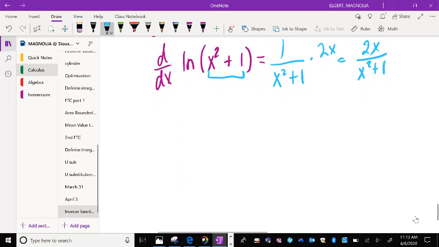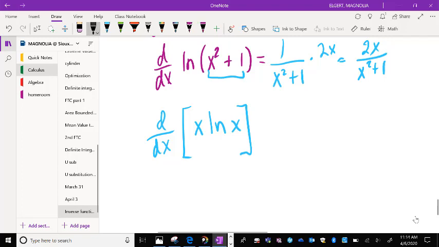Let's combine two rules. Let's say we want the derivative with respect to x of the function x times the natural log of x. This one's going to be a product rule because I have x and I have natural log of x.